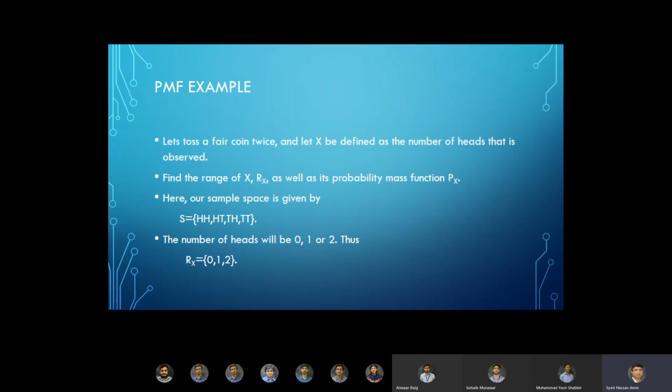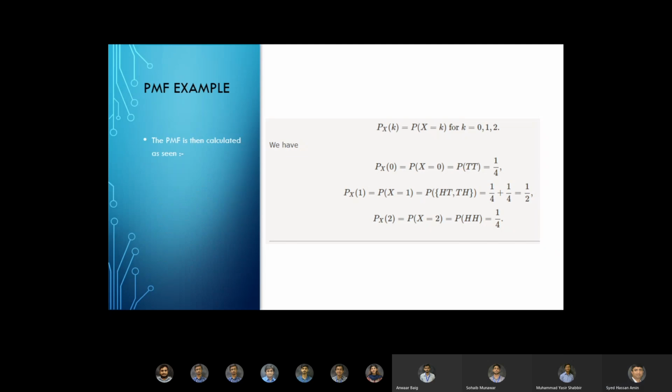So the range of the random variable X, or R of X, can be defined as 0, 1, and 2. The probability of X equal to k, where k can be 0, 1, or 2. So you are going to see either no heads, 1 head, or 2 heads.